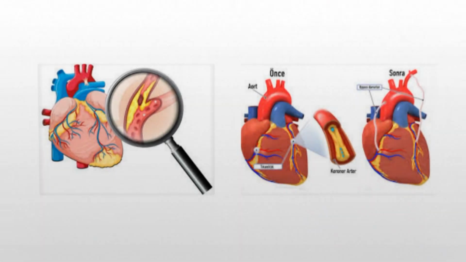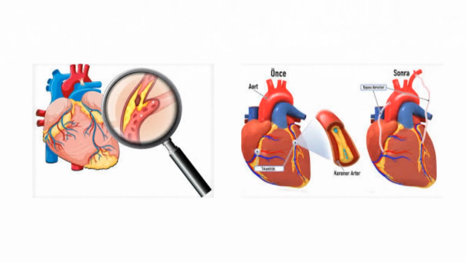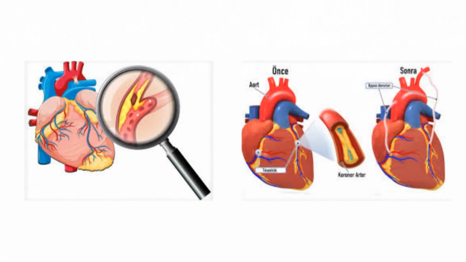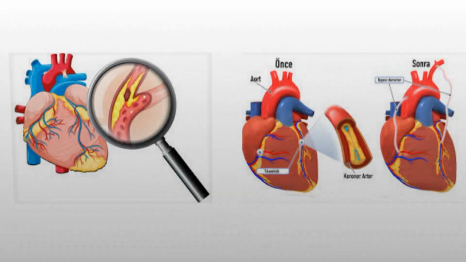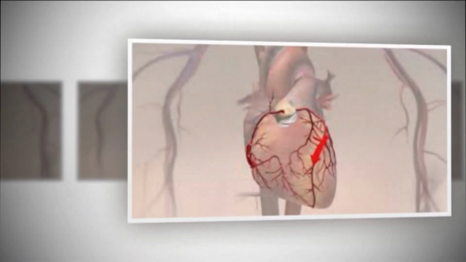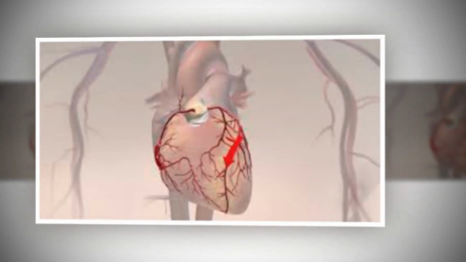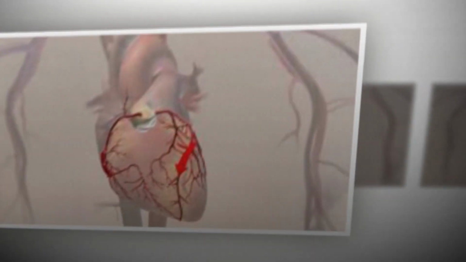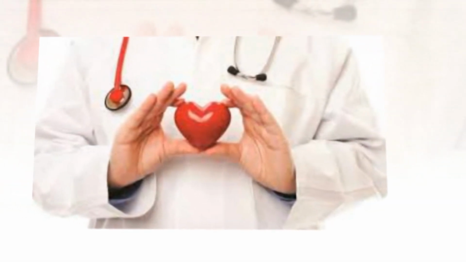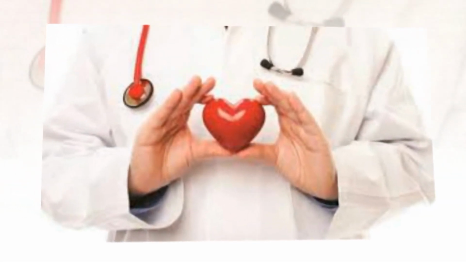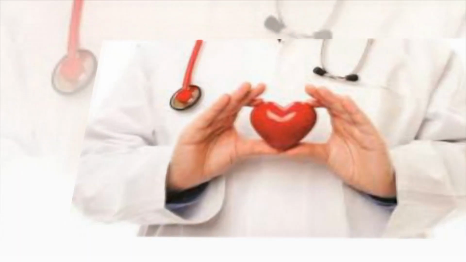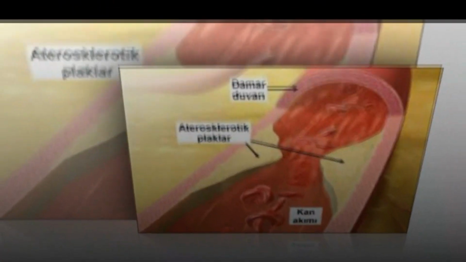In cases where the obstruction is severe, coronary angioplasty and stenting may be performed. If many vessels are blocked, coronary artery bypass graft surgery may also be preferred. In cases of cardiovascular occlusions that do not require medical treatment, changes in a person's life may be beneficial.